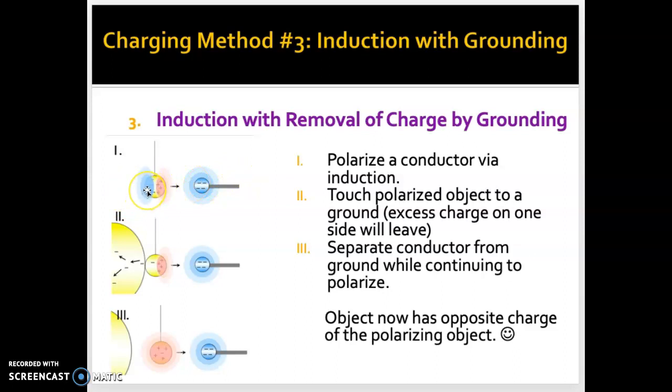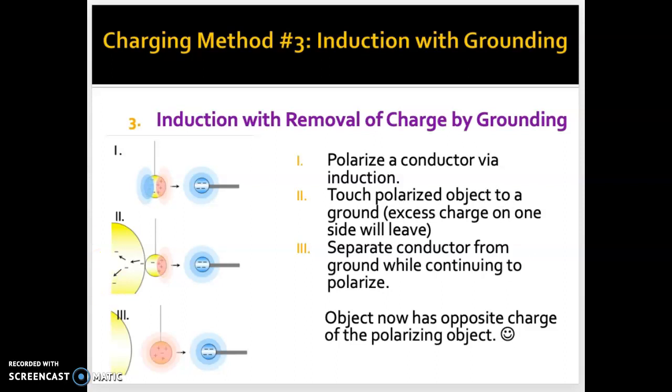So this negative side, if you ground it with this big ground where the negative charge can flow away, now you're left with more positive than negative, and this is now a net positively charged object. So you can actually charge it this way by induction with grounding. That's what it's called, and that's charging method number 3.